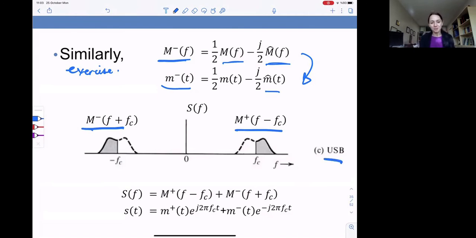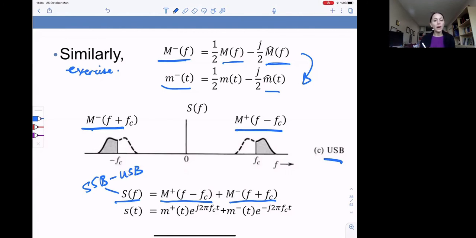It's like magic. Okay, m plus f minus Fc, so the blue part shifted to the right, m minus f plus Fc, the red part shifted to the left. When we add them together, we get our SSB signal. In particular, it's SSB USB.